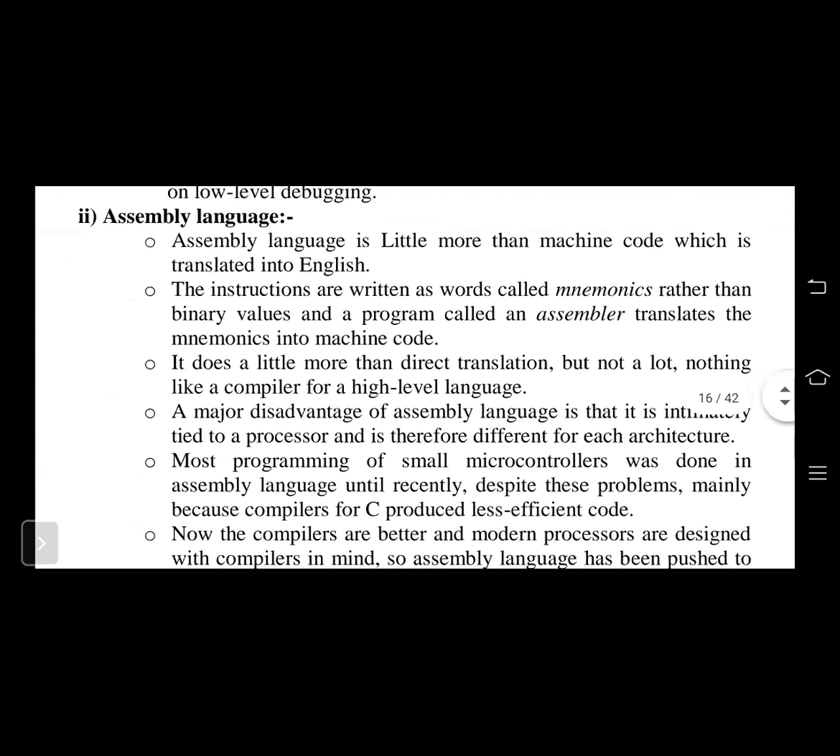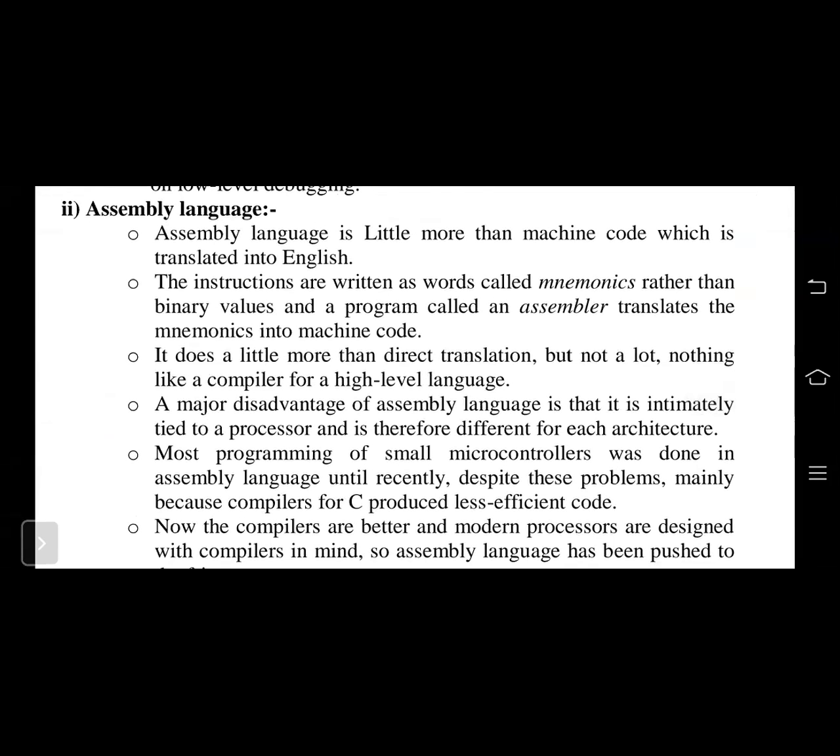After machine code, what comes is your assembly. Assembly is closer to the machine code, but it's not machine code. Understand? Clear? Assembly language is a little more than machine code, translated into English. Like you are writing an instruction ADD, or an instruction MOV.